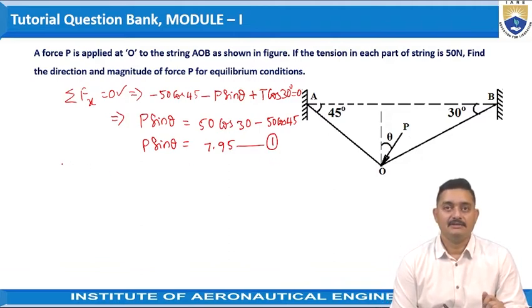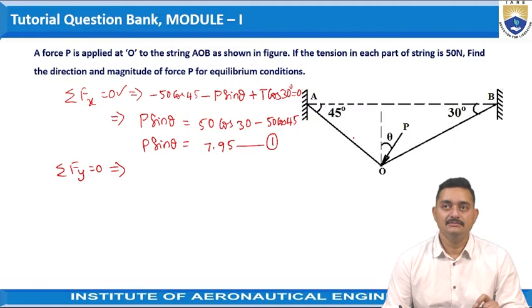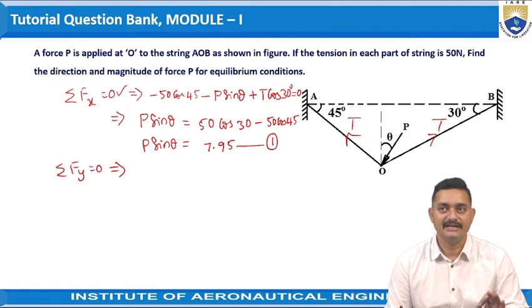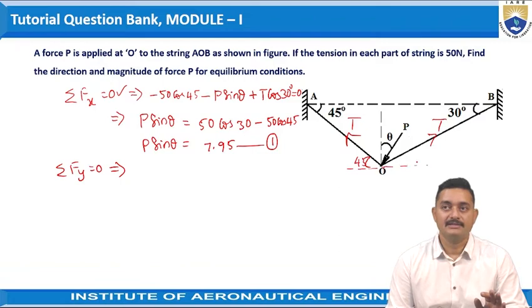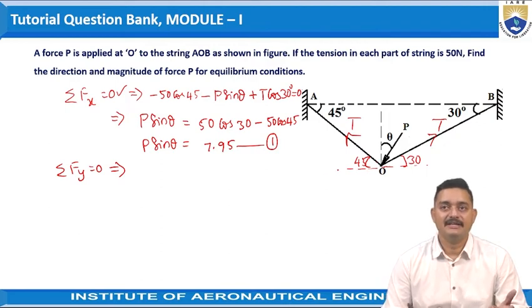Now implementing sigma Fy is equal to 0. So all the vertical components in this system add up to 0. As we have seen, there are 3 forces and all 3 are inclined forces. This is 45 and this is 30. Now the vertical component forces can be taken in this fashion. The vertical force of this T is acting in the positive y-axis direction, so that would be T sin 45.